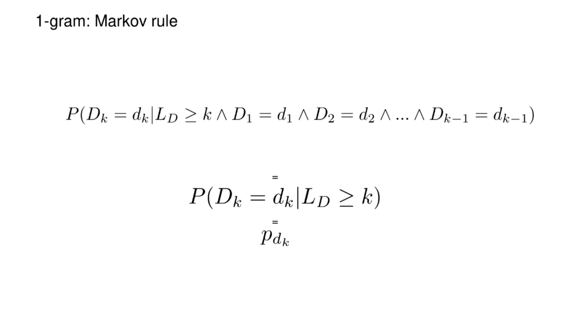So it means that it's the probability of the next word being dk, just conditioned on the fact that there exists a word at that position, so that the length is at least k, right? So what you see here is just a Markov condition, just with n equals 0, right? Is everybody clear? All right.